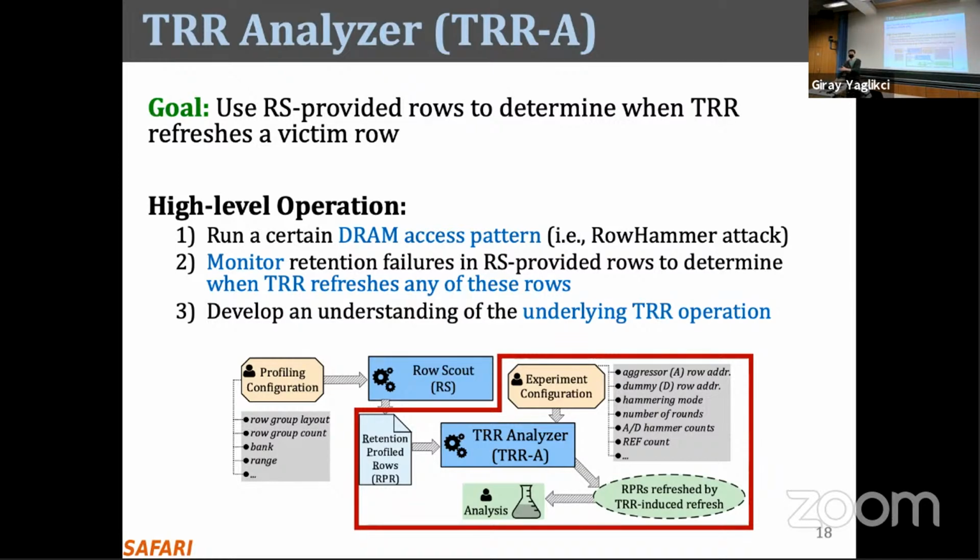But if there are still bit flips, that means the TR mechanism did not target these rows and did not refresh them. By picking different types of access patterns, by hammering different aggressor rows, we can identify which rows, hammered how many times, cause these retention profile rows to be refreshed.